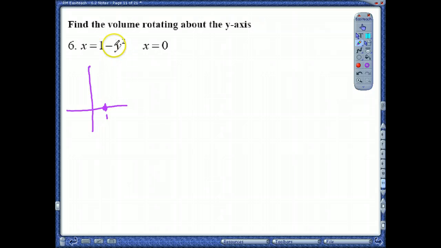My y squared is negative, so that means I'm going to open up to the left. When it's a negative y squared, you're opening up to the negative x's. Positive y squared, you're opening up to the positive x's. And then I have x equals 0, so it is the y-axis. So my area here is this little guy right here.